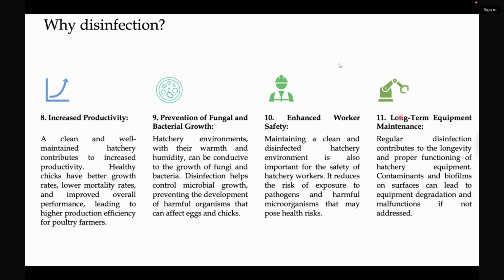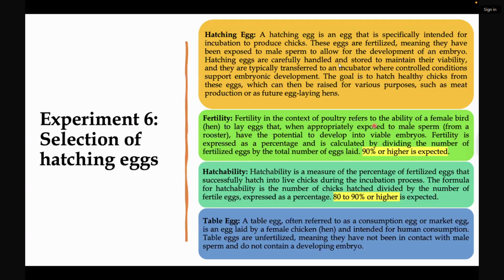That is what is said here, that if we do regular checking or disinfection, that contributes to the longevity and proper functioning of equipment. So that is what is mentioned here. Okay, so we have covered experiment number 5.